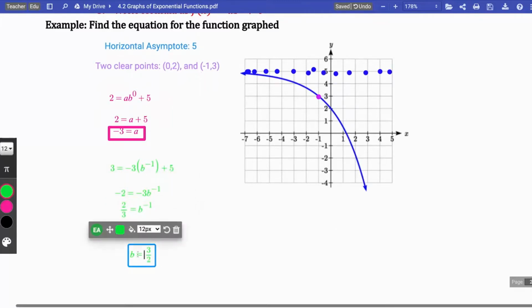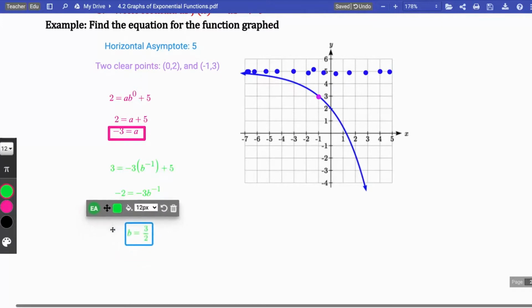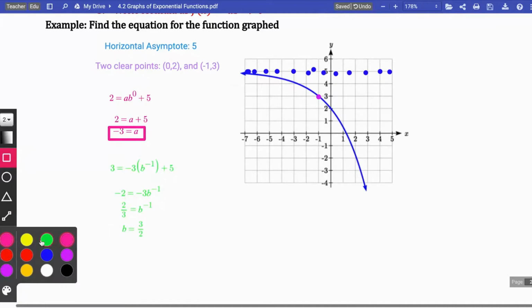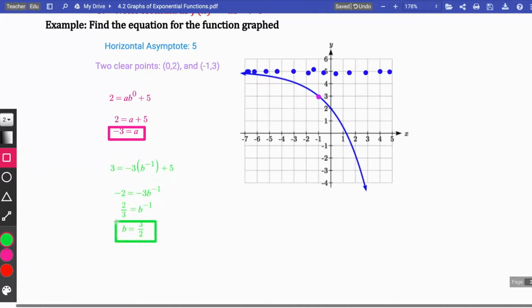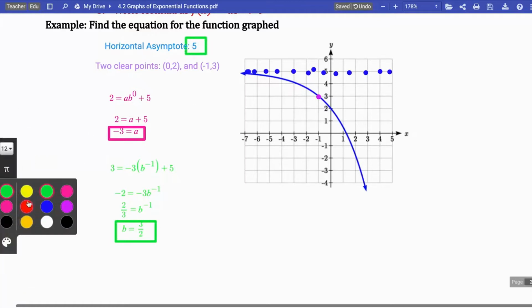Let's put that all together. So b is equal to 3/2. So now I have my b value, I have my a value, and I have my c value, which is 5, remember? So I have enough information where I can write my equation.